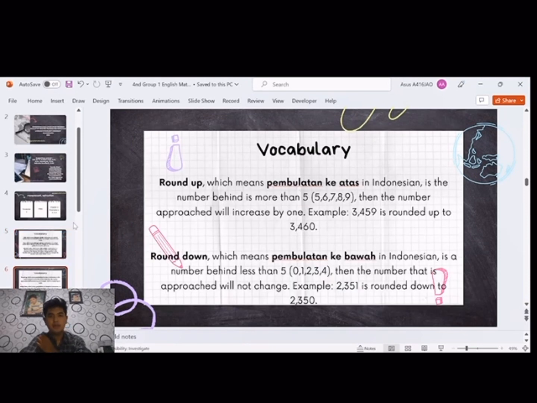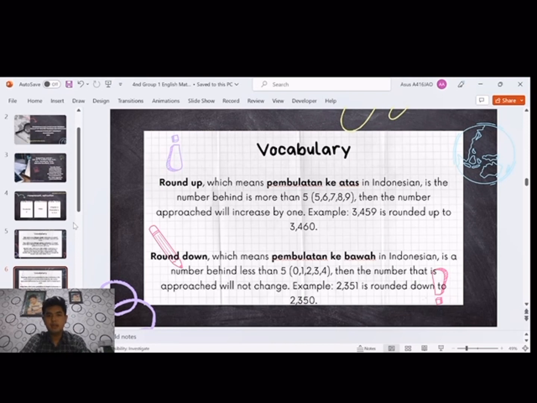Next is round up, which means pembulatan ke atas in Indonesian. It is when the number behind is more than 5, for example 5, 6, 7, 8, 9.